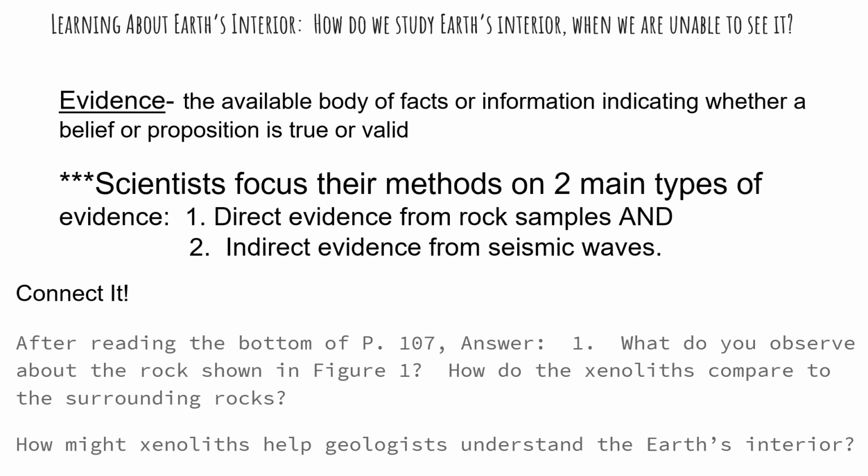Now we're going to work on the Connect It on page 48. On page 49, under figure 1, we have a picture of a rock, and it is titled Rock Hitchhikers. I'm going to read that for you, and then we're going to do Connect It.